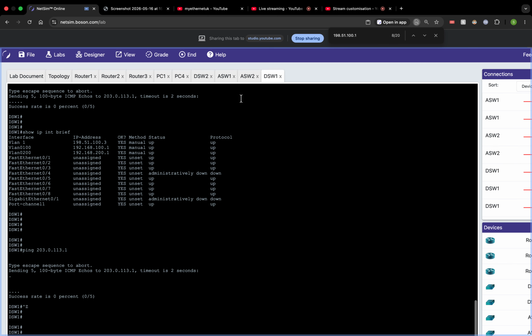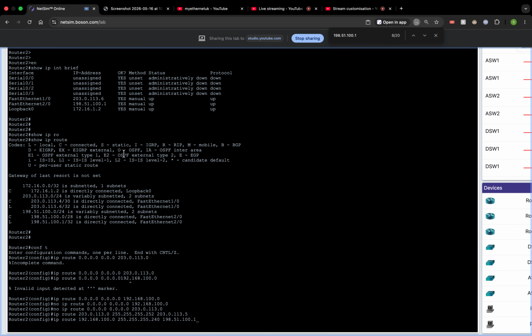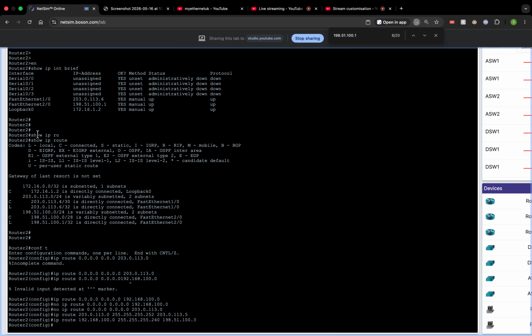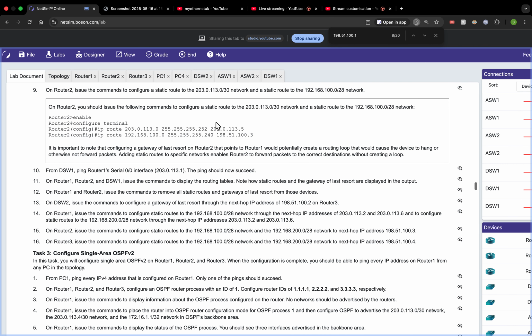If we do it now for 192.168.100.0, we'll configure the VLAN 1 interface, the native VLAN, as the next hop. And this is /28.